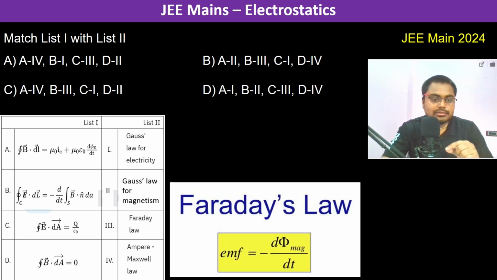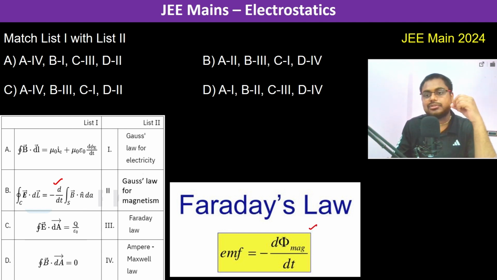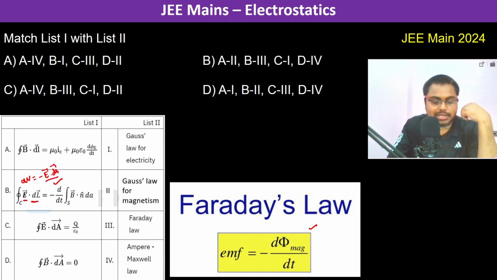Now going ahead, this is the second one. This is Faraday's law, which is EMF is equal to minus d phi by dt. Now what is EMF? EMF is the potential difference, so dV is equal to minus E dot dl. E is the electric field.